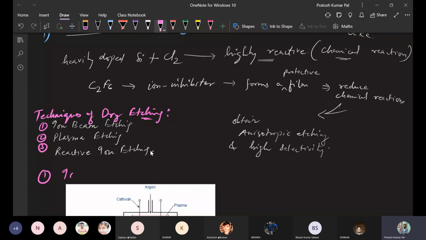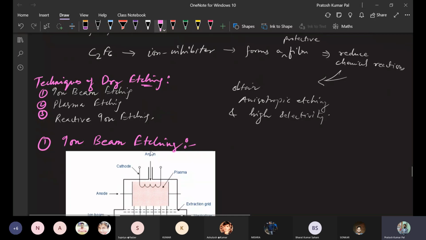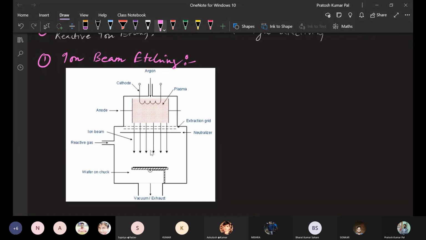The first one is ion beam etching. So this was the setup in case of ion beam etching. This ion beam etching is also known as inert ion beam etching.